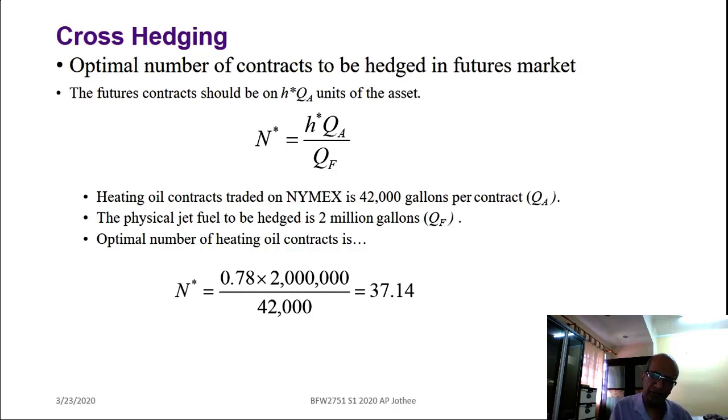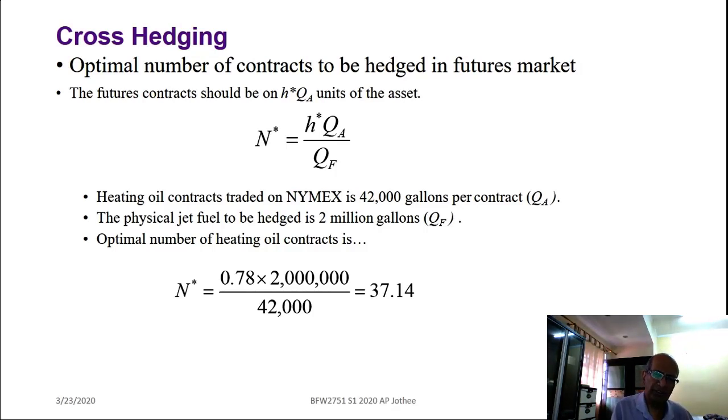So you use this equation: the number of optimal hedge contracts, N asterisk, is 0.78, which you already got as H, times 2 million, that is the quantity you're going to hedge for the physical asset, jet fuel, divided by the heating oil contract size of 42,000.